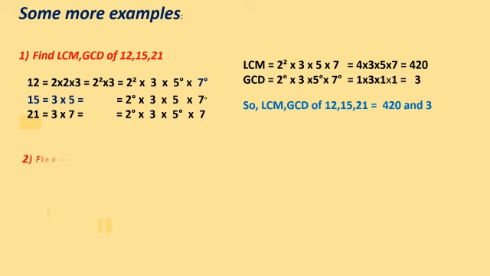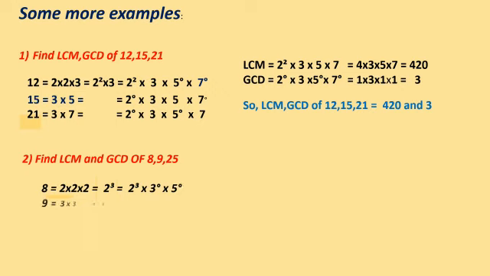Let us have the second one. Find LCM and GCD of 8, 9, 25. 8 can be factorized as 2 cube, 9 can be factorized as 3 square, and 25 is written as 5 square. So in order to equate all the factors in these three, we put them like this.